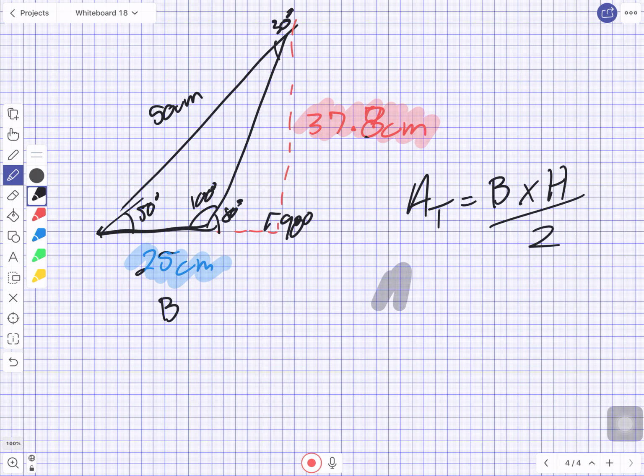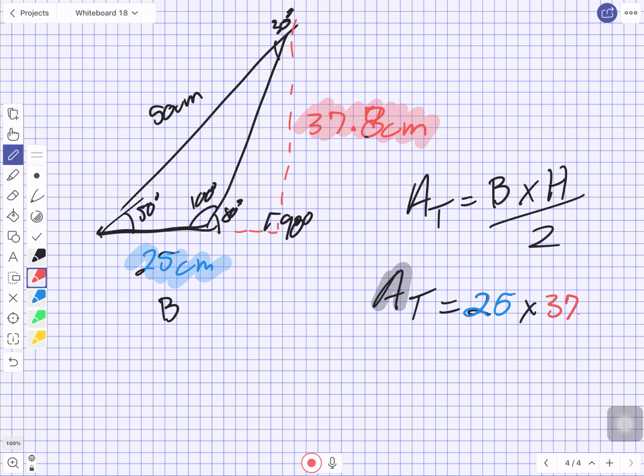So the area of this triangle is equal to 25. I'll do it in blue, so it kind of matches. 25 times, you might need your calculator for this part, 37.8. And then whatever that is, divided by 2.